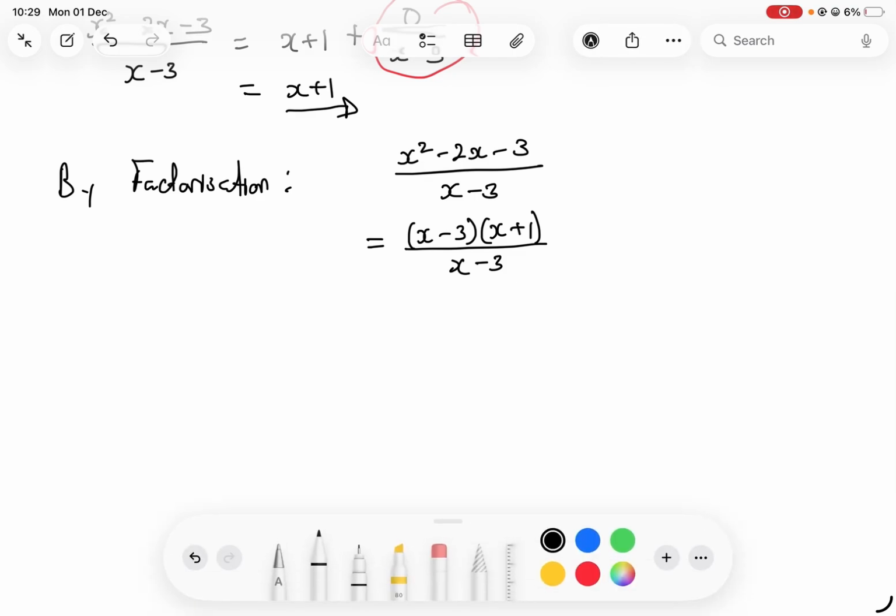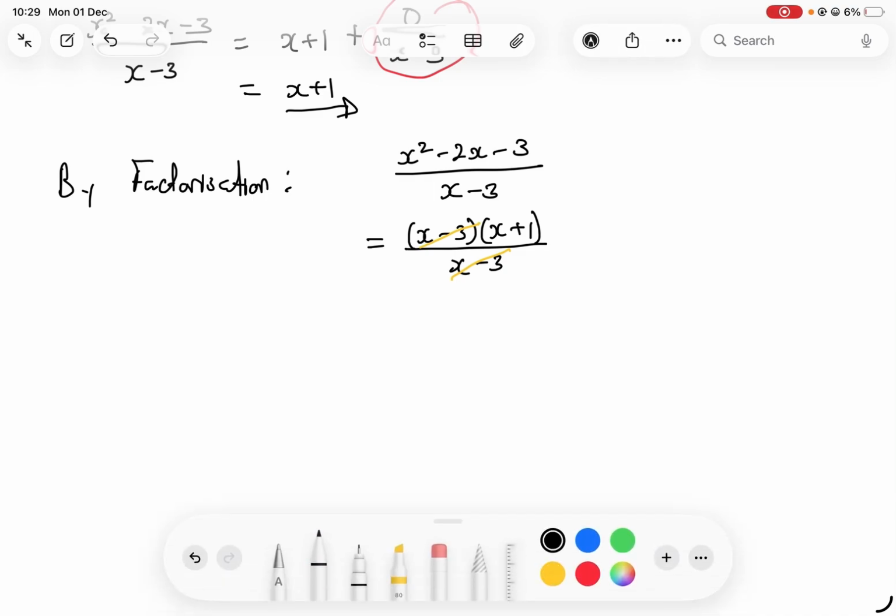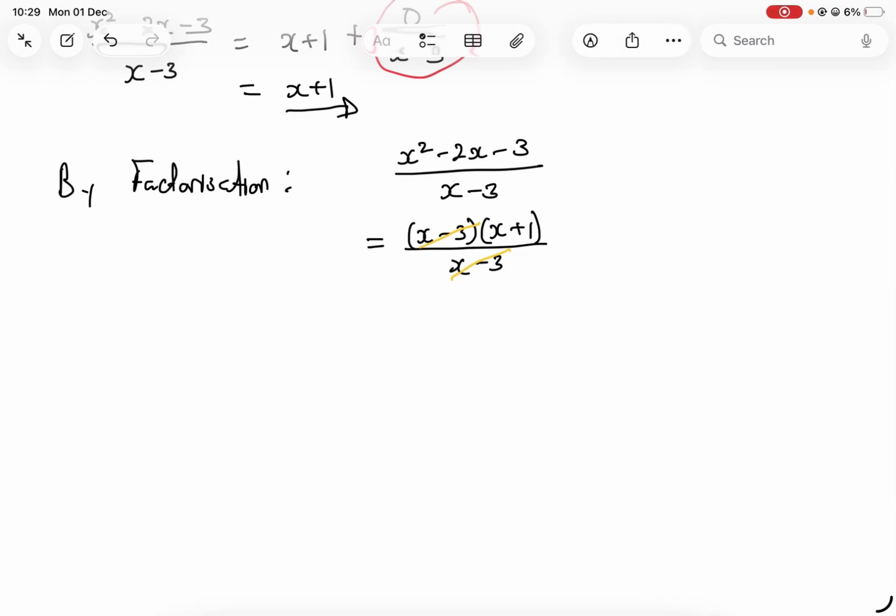And this cancels out. So I'm left with x plus 1.